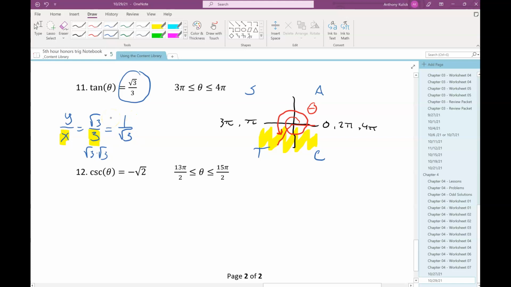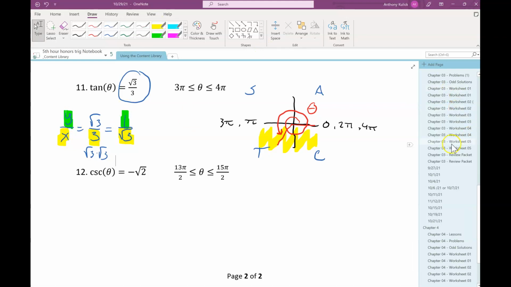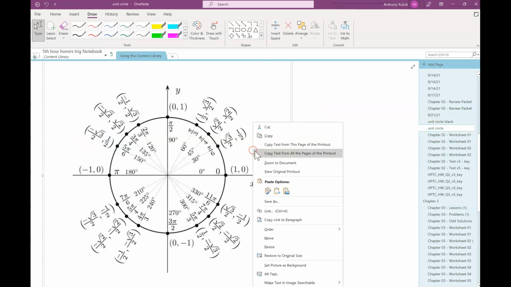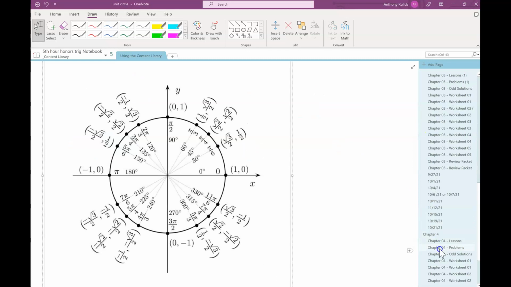So I'm going to rewrite this as 1 over root 3. So I'm going to look for a spot in quadrant 3 where the y coordinate has a 1 in it and the x coordinate has a root 3 in it. Now there's going to be some other stuff because I know those aren't actually unit circle values there, but it's going to be good enough.